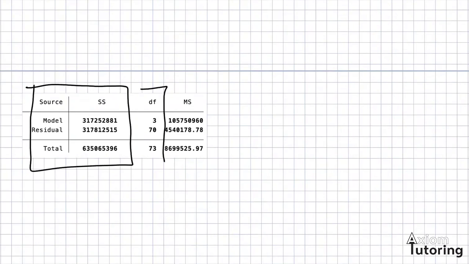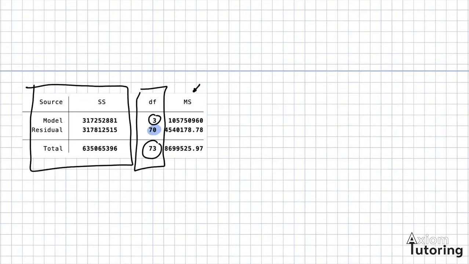So these degrees of freedom are based on the number of the regressors that you had included, and in our model, we had included 3 variables. And then the total here, the 73, was based on the number of observations that we had in that sample. So it means that the leftover degrees of freedom here is this 70, the n minus k minus 1. So 74 minus 3 minus 1.